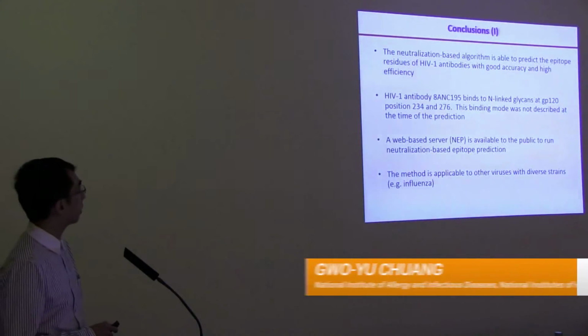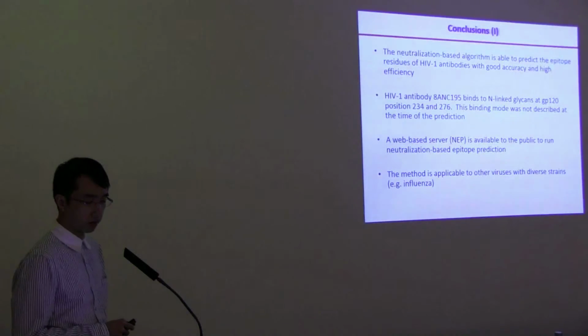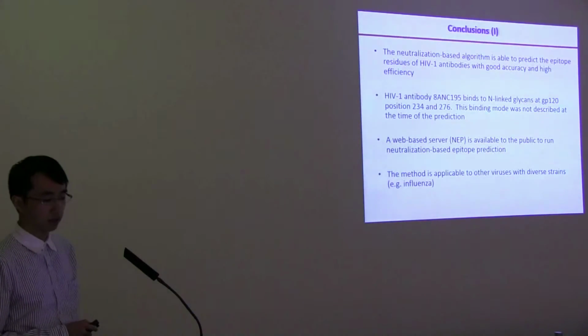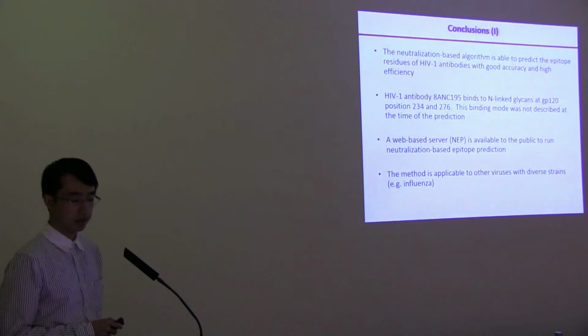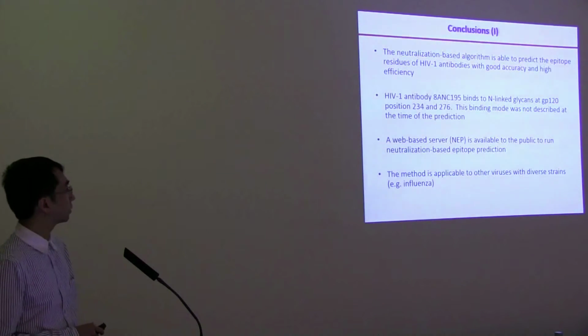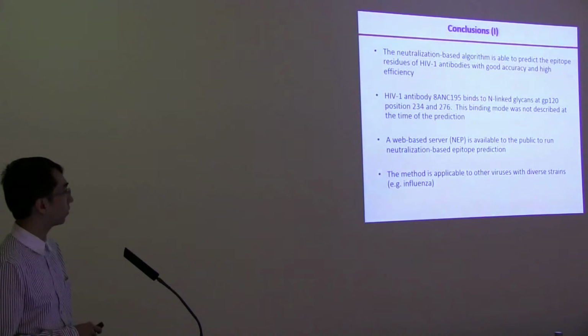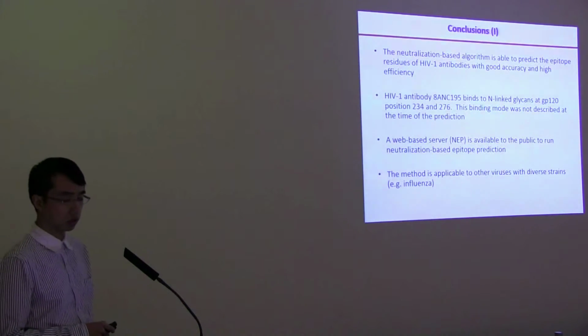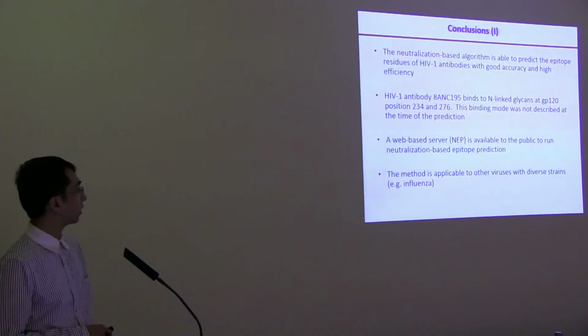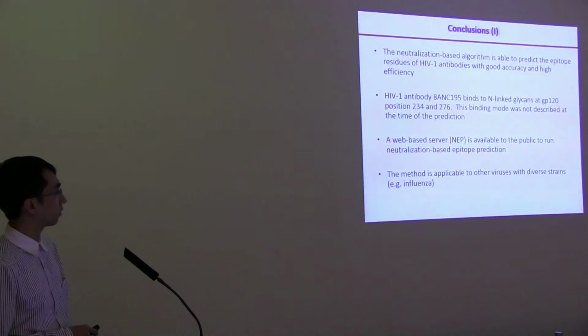To conclude this part, we have developed a neutralization-based algorithm to predict epitope residues of HIV-1 antibodies with good accuracy and high efficiency. We predicted the binding mode of ANC195 before the crystal structure was published. We also implemented a web-based server, available to the public to run our algorithm.